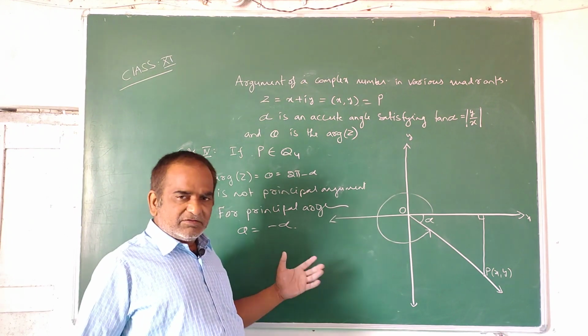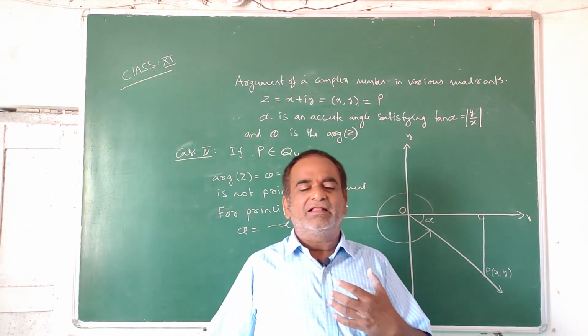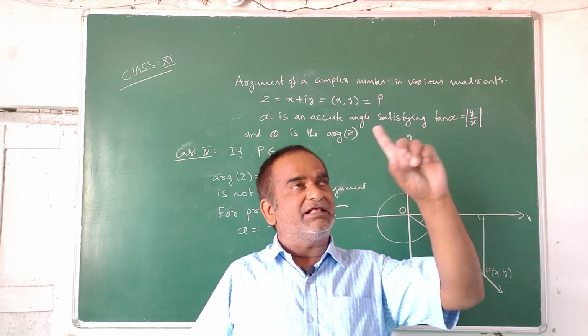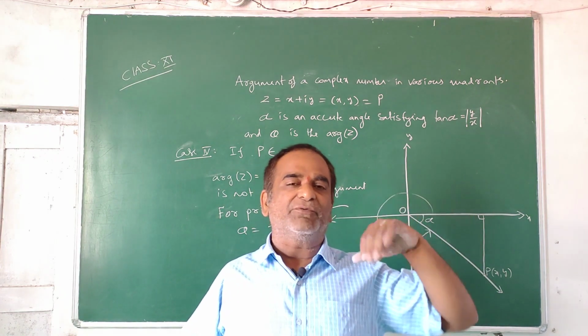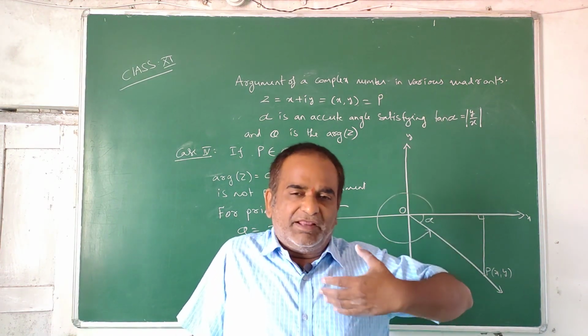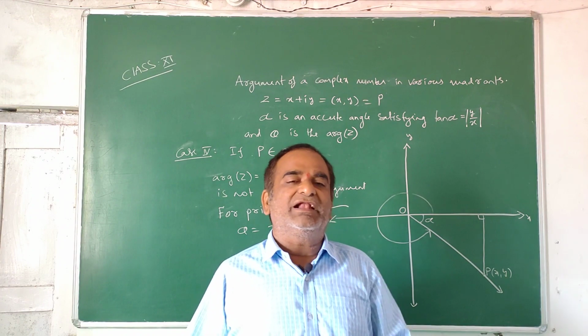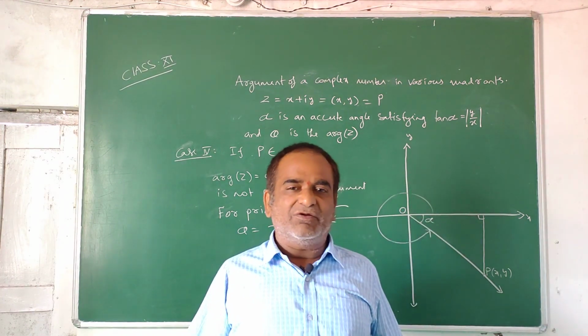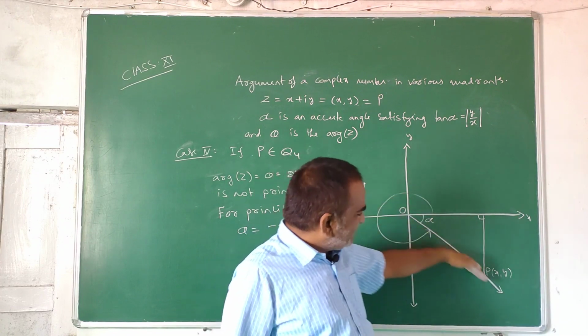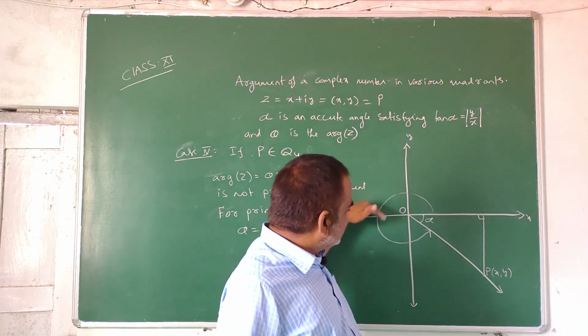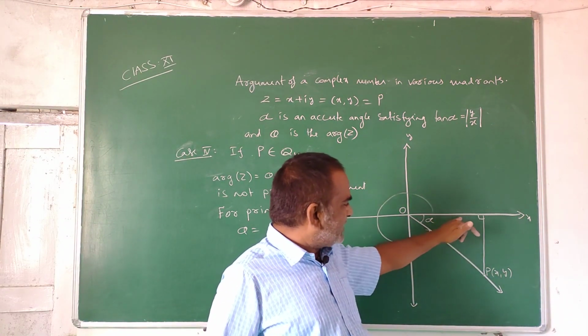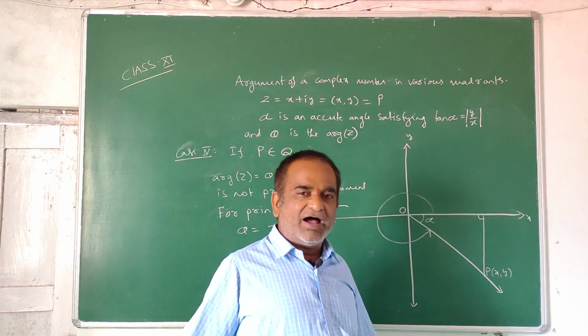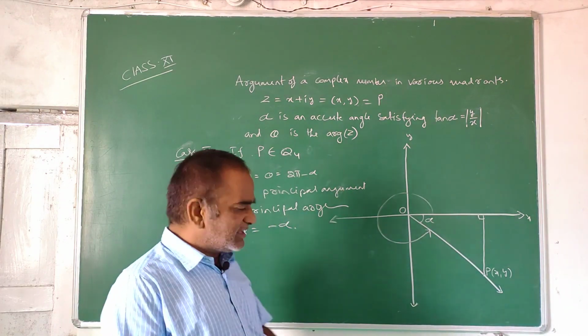If you want the argument within the specified limits, since naturally it is crossing that limit, you have to go in the anti-clockwise direction. That ray remains the same, but clockwise it is theta, and anti-clockwise it is minus alpha. So theta is equal to minus alpha. Understood?